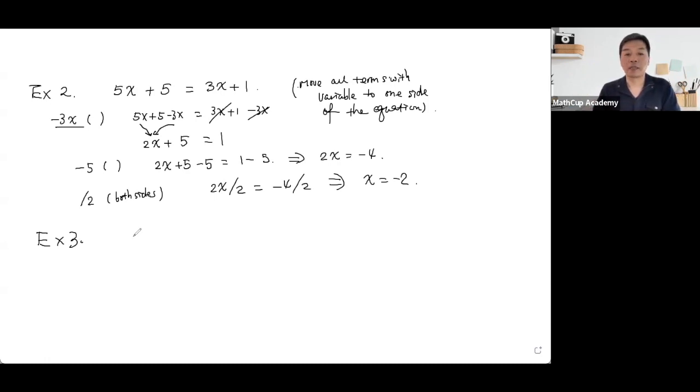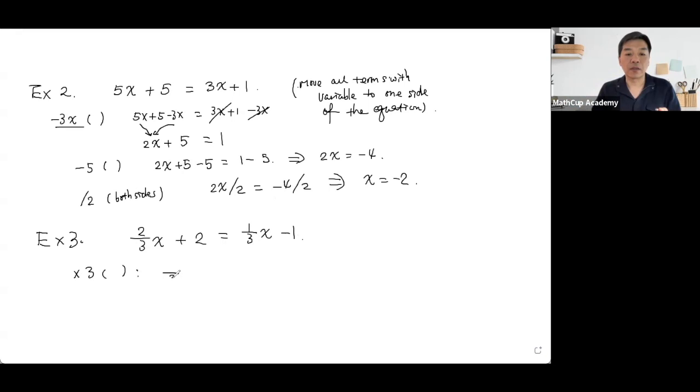So let's look at 2 over 3x plus 2 equals 1 over 3x minus 1. When you have fraction as coefficients, the way I prefer is just multiplying an integer so as to make every term an integer, because 2 over 3 and 1 over 3, we can multiply 3 to both sides.